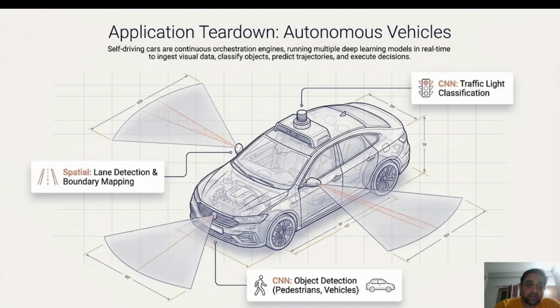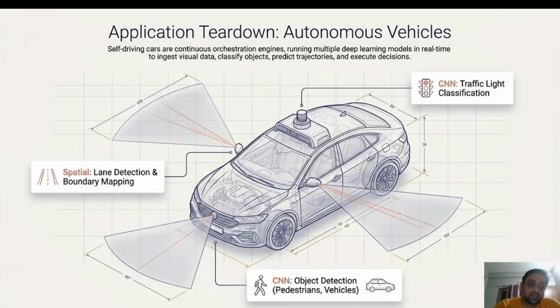The cameras mounted around the car feed images into a CNN every fraction of a second. The model identifies and classifies every object in the visual field: pedestrians, other vehicles, cyclists, road signs, barriers. It knows where they are, how large they are, and whether they are moving.